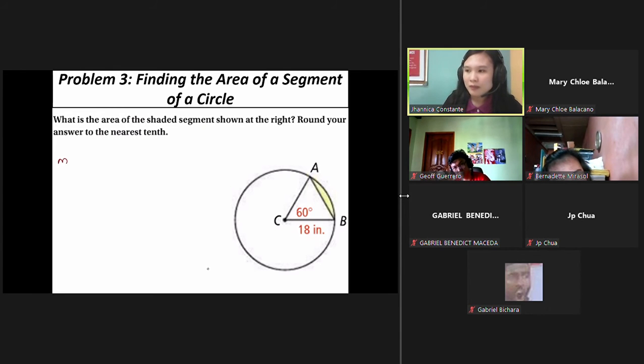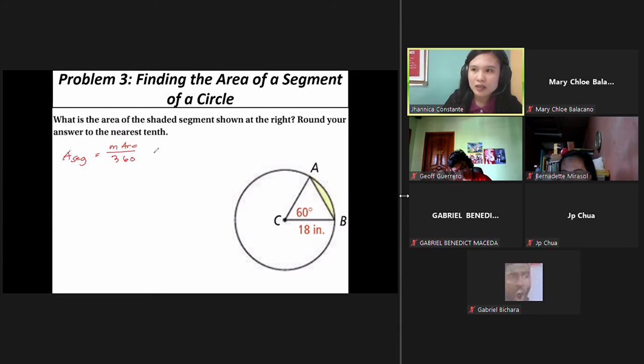Area of segment is equal to the measurement of the arc divided by 360 multiplied by the area of the circle minus the area of the triangle.